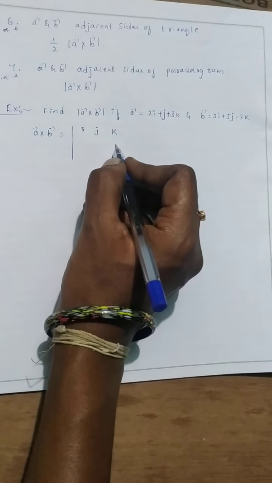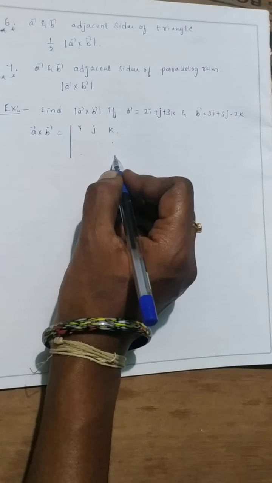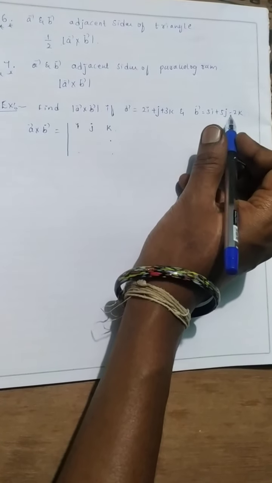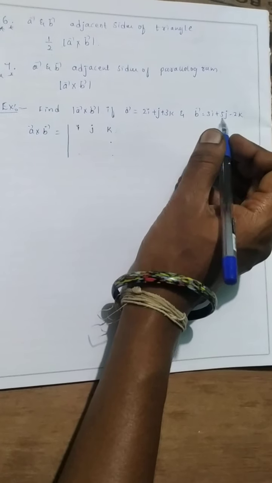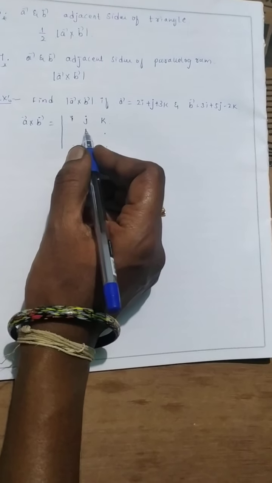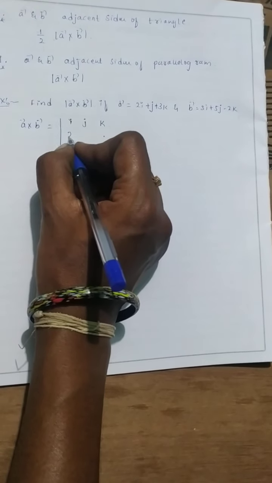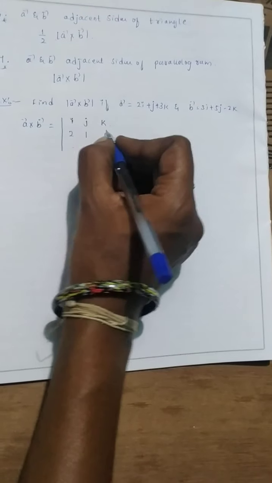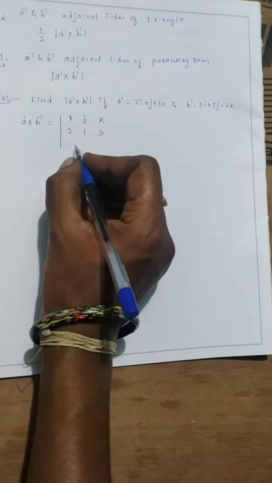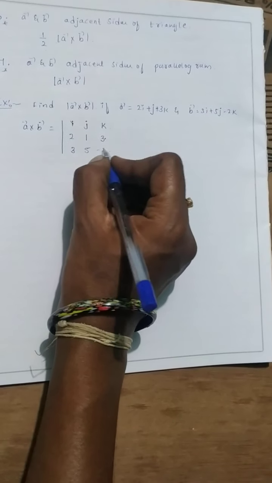The second row is the coefficients of ijk in vector A, and the third row is the coefficients of ijk in vector B. So this is the definition of vector A cross B. In vector A, the coefficient of i is 2, of j is 1, and of k is 3. Next, B is 3, 5, minus 2.